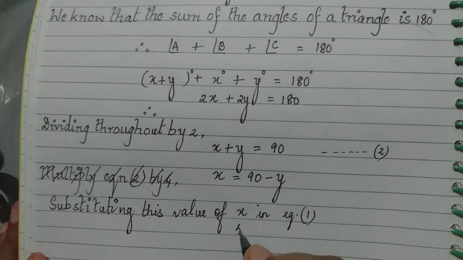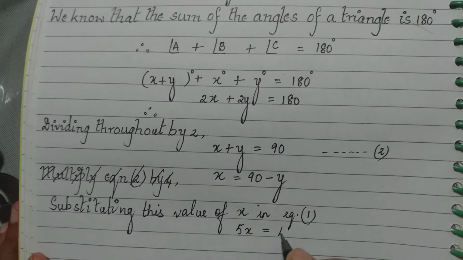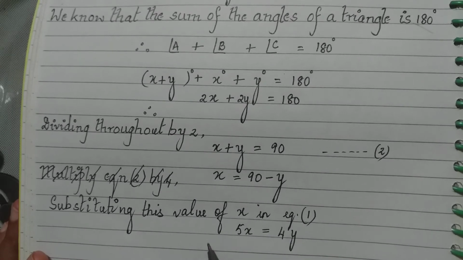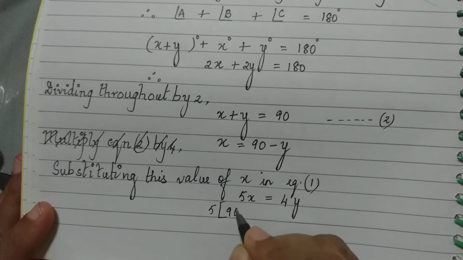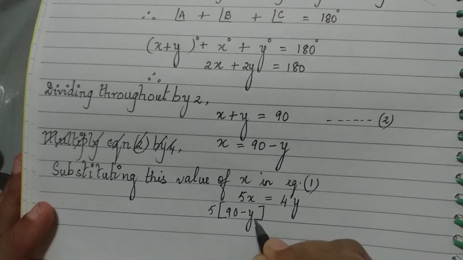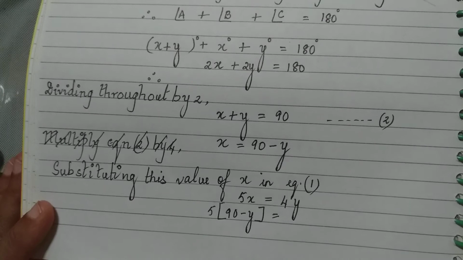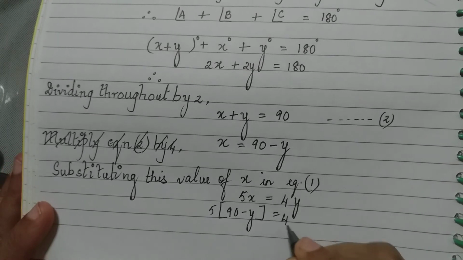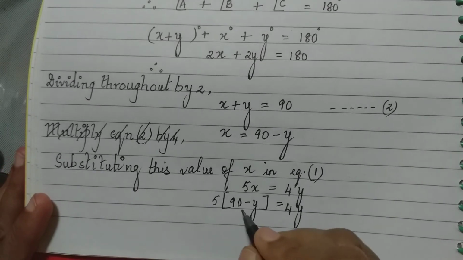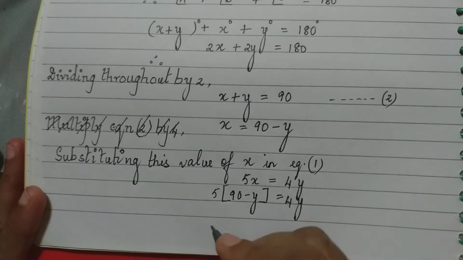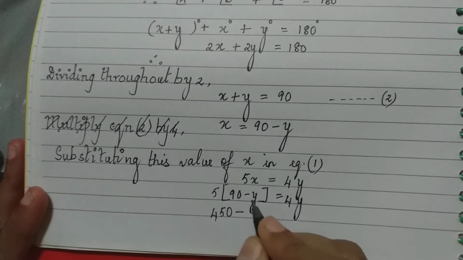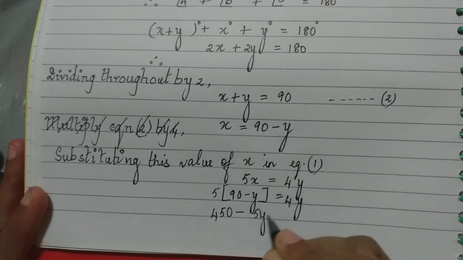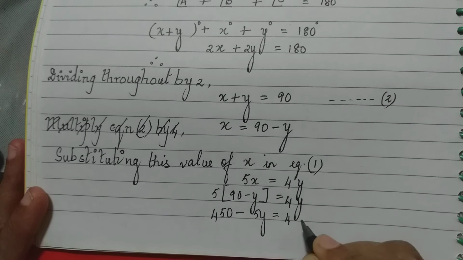So 5 into x, where x is 90 minus y, is equal to 4y. 5 into 90 is 450, minus 5 into y is 5y, is equal to 4y.